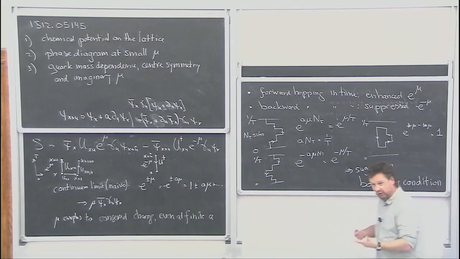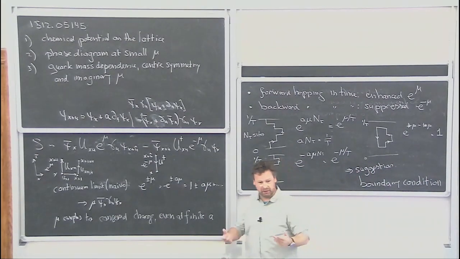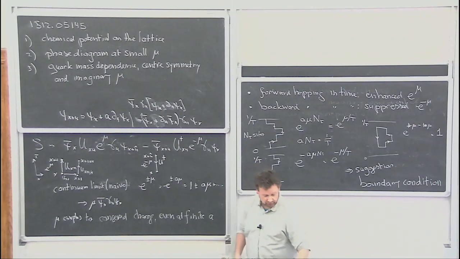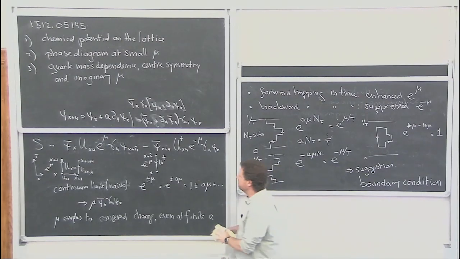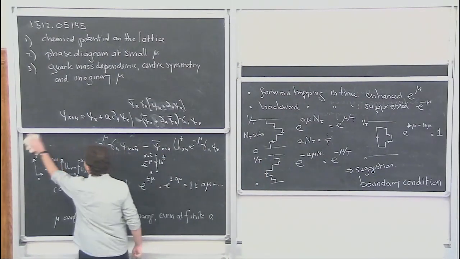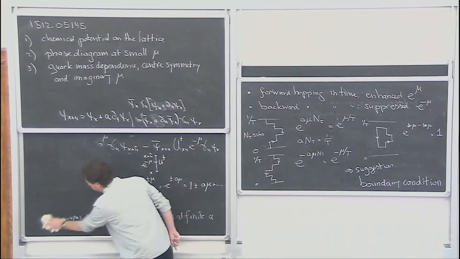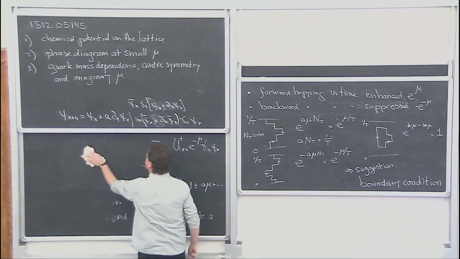Of course, if it's a boundary condition, it is not ultraviolet, it's an infrared property, which then backs up this previous statement I made that there should be no new ultraviolet divergences linked to the chemical potential.